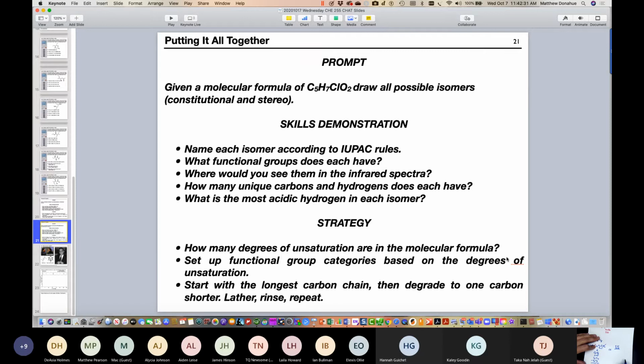So 2 double bonds. Sort of running out of space here. So yeah, look at the scenarios that 2 degrees of unsaturation can be. With C5, what I mean by that is a linear chain. Under here, how can you put 2 pi bonds?